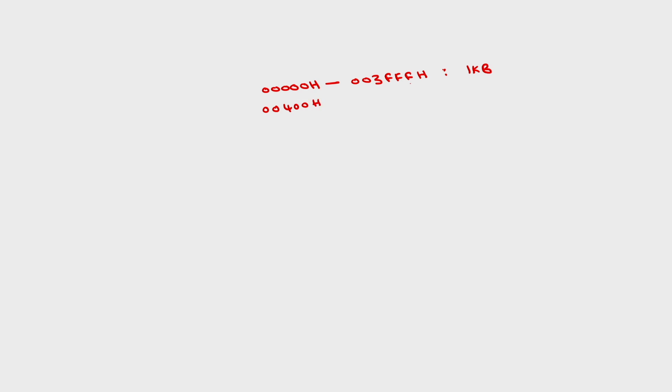To get 1K from 00000H, we add 003FFH. If the starting address is 00400H, for 1K the ending address you simply get by adding 003FFH, so the ending address becomes 007FFH, only one F.